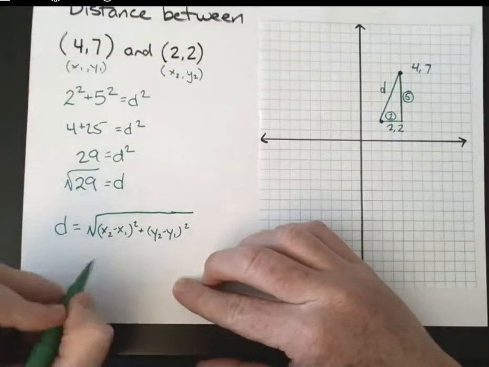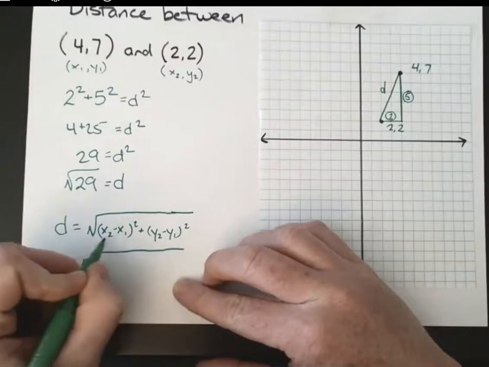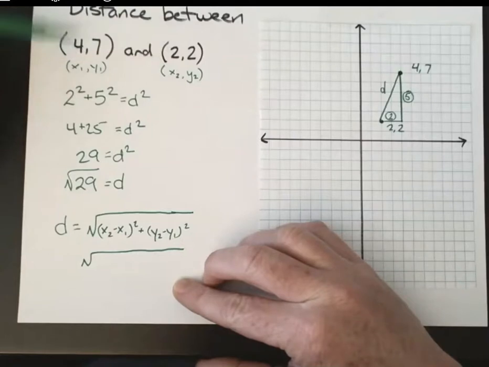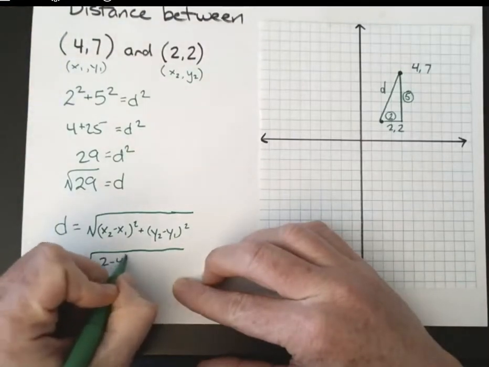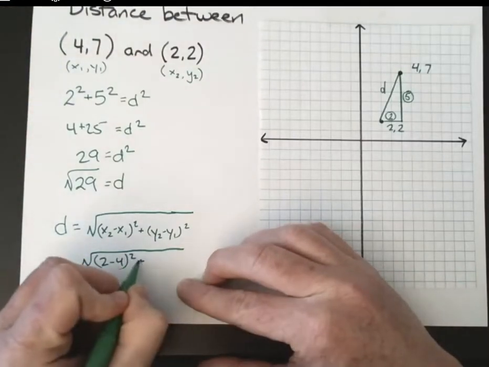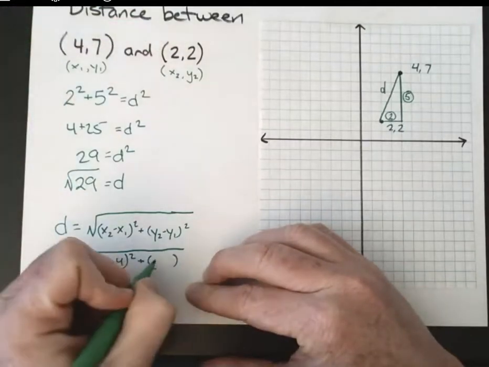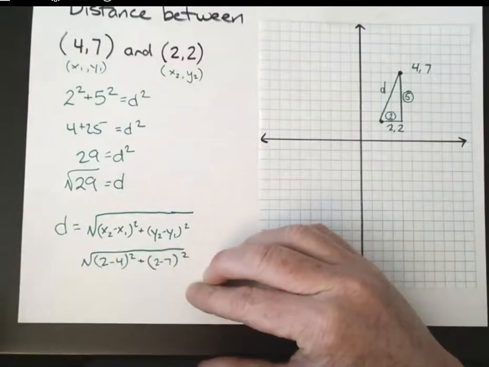So if we just plug into this formula, x2 minus x1, 2 minus 4 squared, plus y2 minus y1, 2 minus 7 squared.